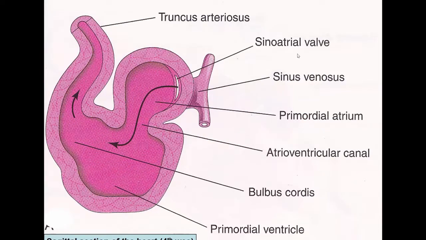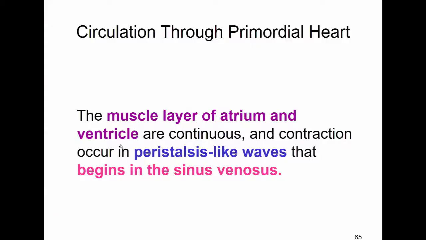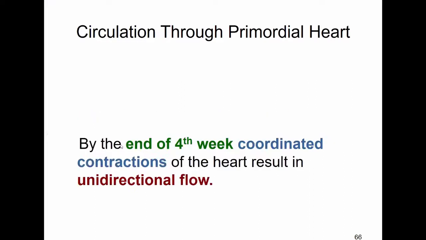Remember, SA orifice or SA valve, sinoatrial. So this myogenic contraction starts here, from here to here like this. So the muscle layers are continuous.